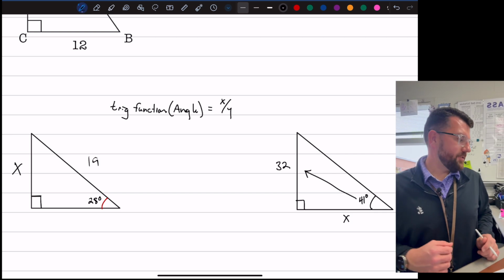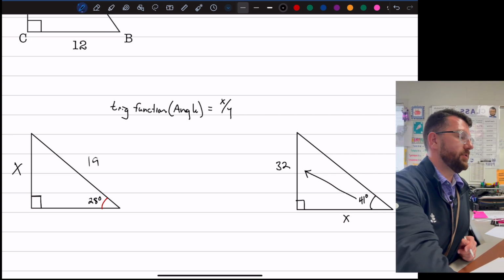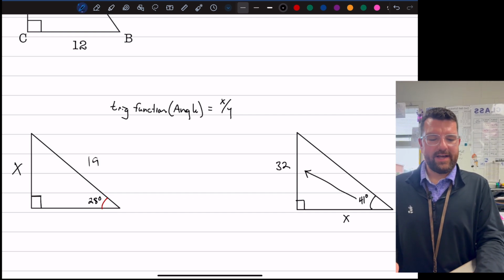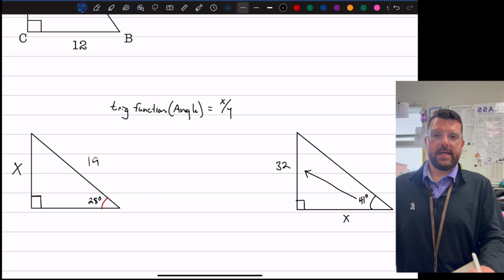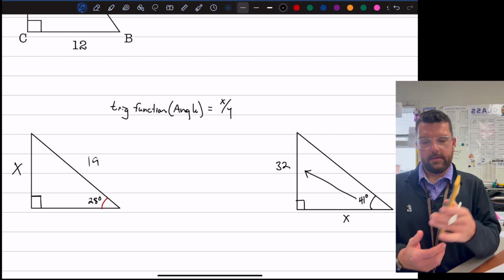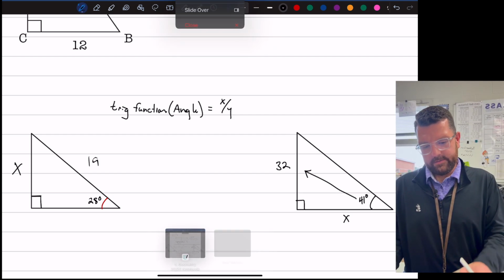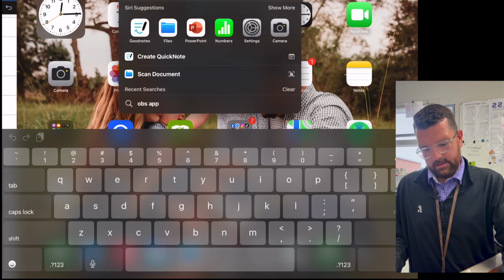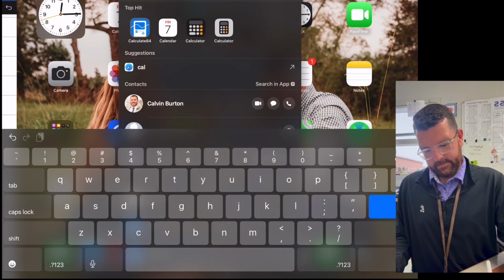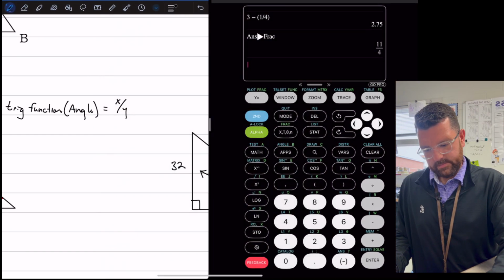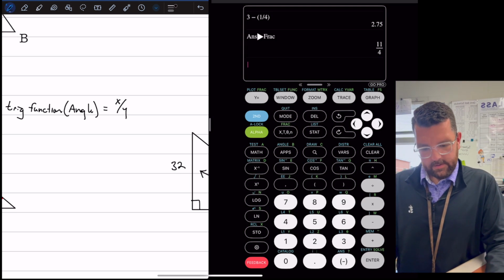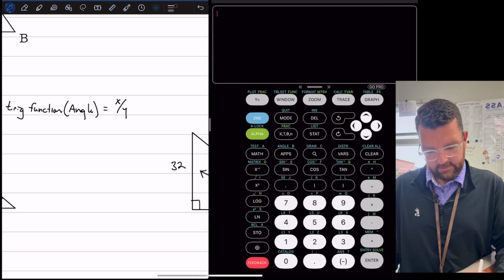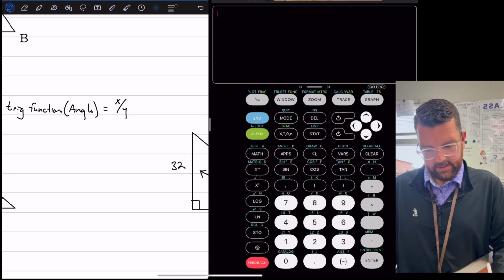I'm going to teach you how to actually solve some triangles using trig functions. And probably better stated, how to solve for a missing side using the trig function today. Everyone needs to take their calculator. On your calculator, you're going to push second plus 7, 1, 2, and enter.